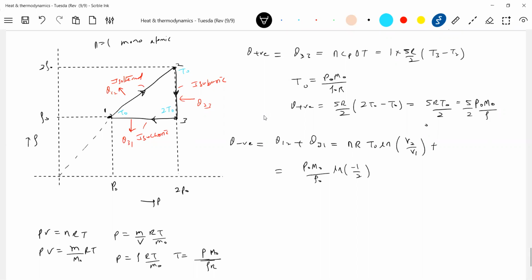What is Q31? Q31 is an isochoric process, no? In an isochoric process, it should be equal to the change in internal energy. So this will be n Cv, T1 minus T3. The earlier one I already solved. So number of moles is 1, 3R by 2. So T1 is how much? T naught. So T naught minus 2 T naught. So this will be minus of log.